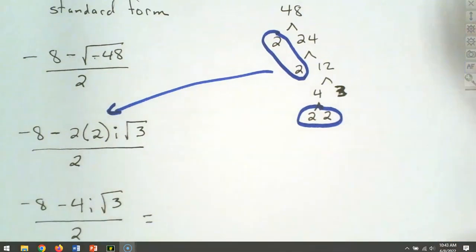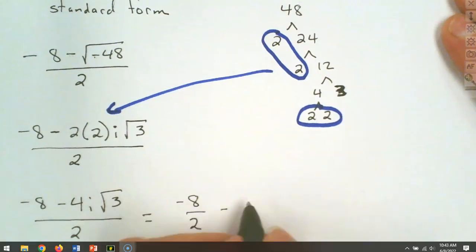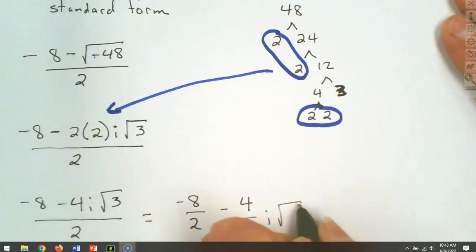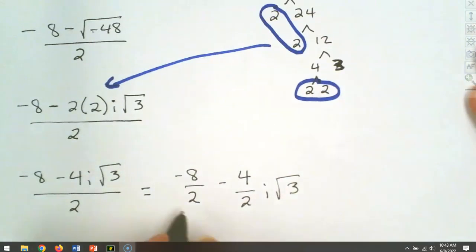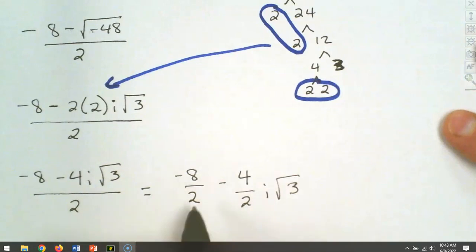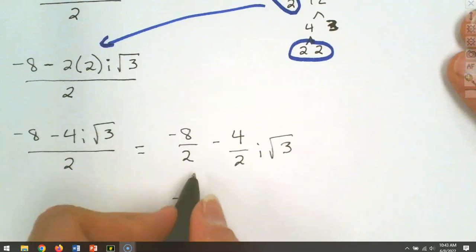Everything is broken down. Now we split it up into the 2 fractions again. Okay, just break them up, just like we always would. Negative 8 over 2. Okay, negative 8 over 2, that's a negative 4. That's your real part.